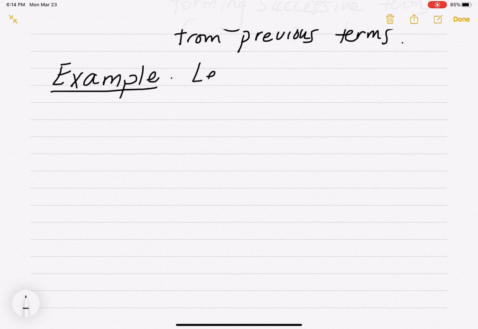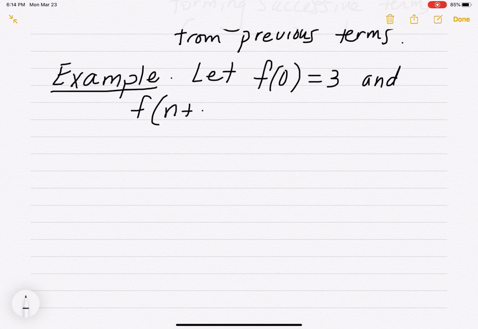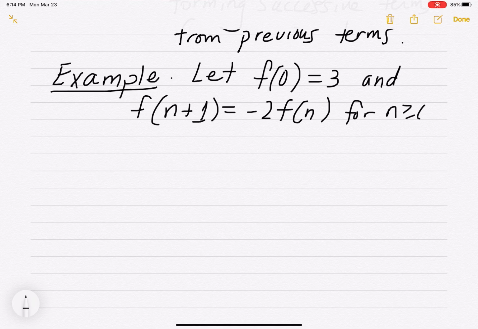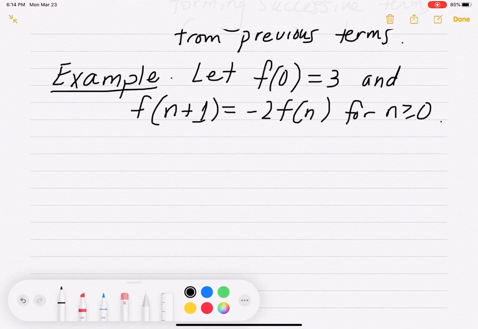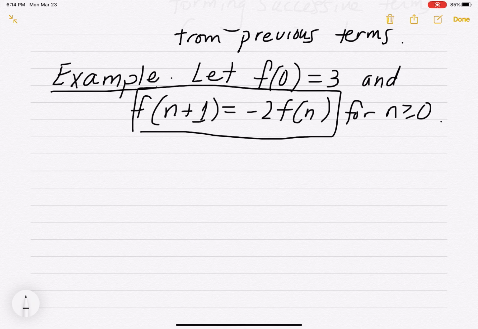So let f of 0 be 3, and f of n plus 1 equal minus 2 times f of n, for n greater than or equal to 0. So basically here we have our initial term, f of 0 is 3. And then to find further terms, you're going to use this recursive definition right here.